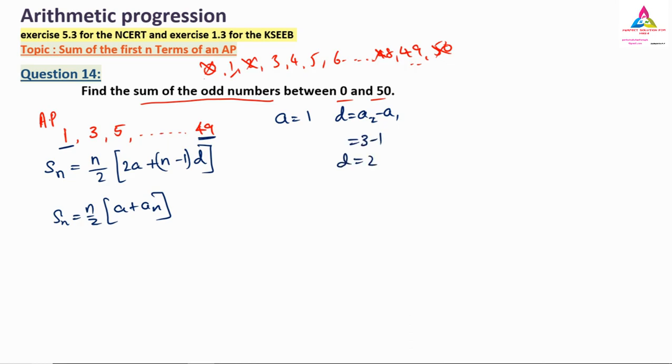So the d value you can also find. But what about the n value? The n value is unknown here. How many terms are there from 1 to 49? That we don't know. So this question seems easy, but there are a lot of things you have to do. You have to find the n value first. If you know the n value, then only you can solve this type of problem.